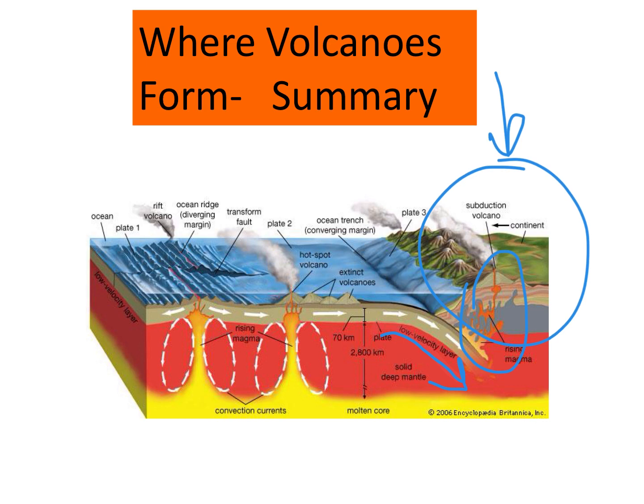They also form at divergent plate boundaries, like here at the mid-ocean ridge, where new seafloor is created, and some of that magma rises up to the surface of the ocean, forming islands there, volcanic islands like the Azores.